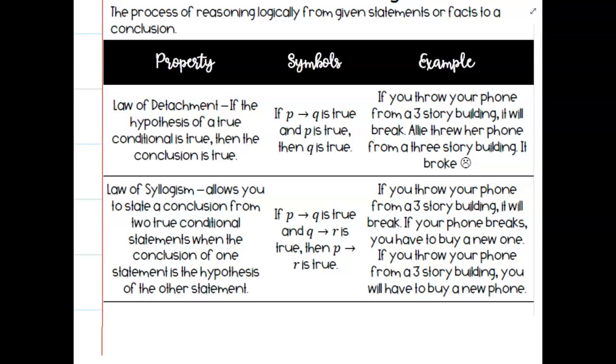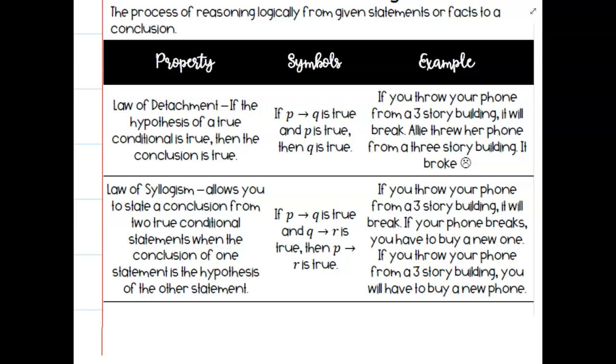Pretty simple. Now, I think what's difficult about this is you can't confuse the conditional with the converse. I know that's what we were doing yesterday, flipping things around. And even if you think, well, I'm pretty sure that's a biconditional, if you could go both ways, that's not what we're doing today. So if you're going to use the law of detachment, the given information, so Allie threw her phone from a 3-story building, that has to be the hypothesis.